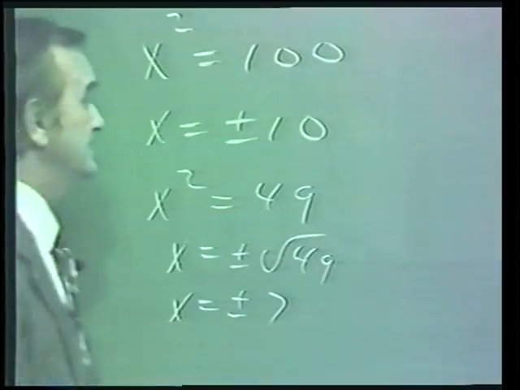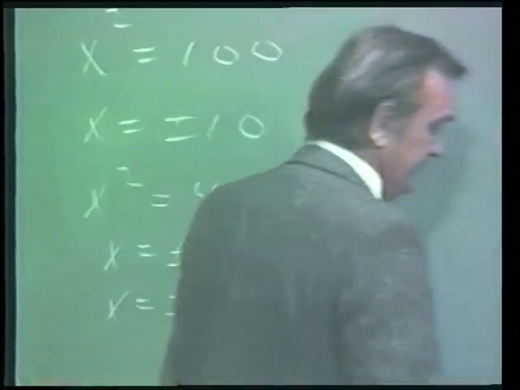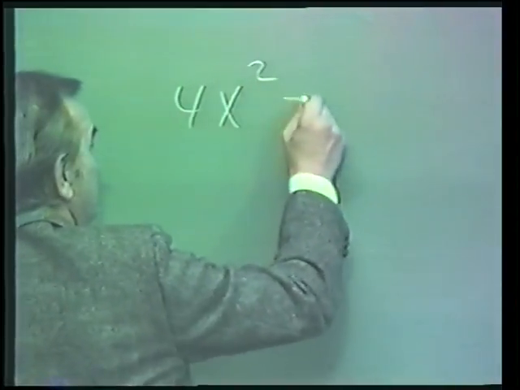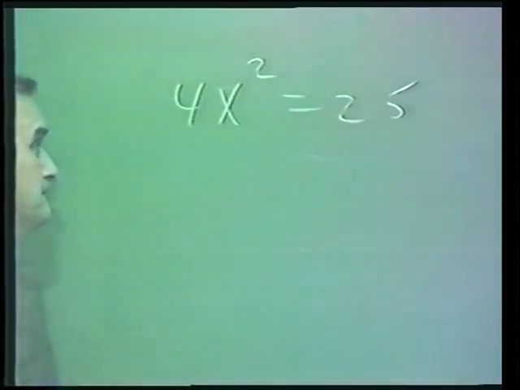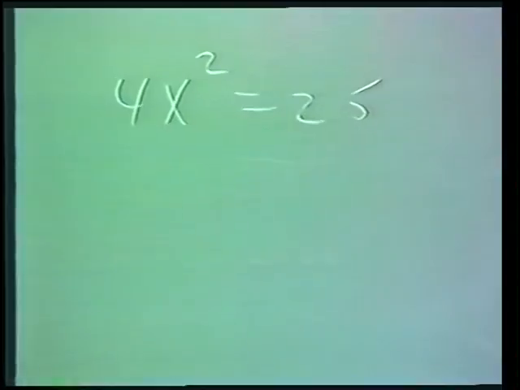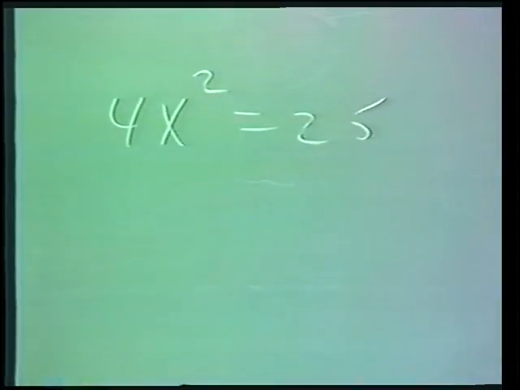That's simple. Let's suppose we have this: 4x squared equal 25. What would x equal in this problem? Tony? Plus or minus 5 halves.